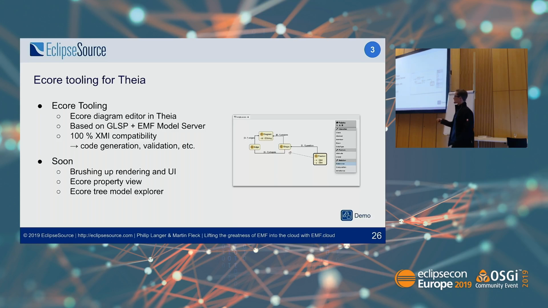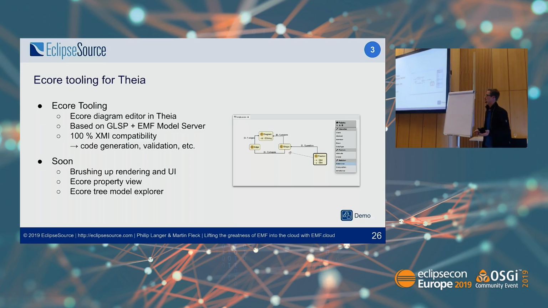One thing that is, of course, important is that it is 100% compatible, so you should be able to load any Ecore model that has been created with EMF, and of course it should be valid XMI. And we do so, because that's pretty easy, since we are just using EMF on the server anyway.